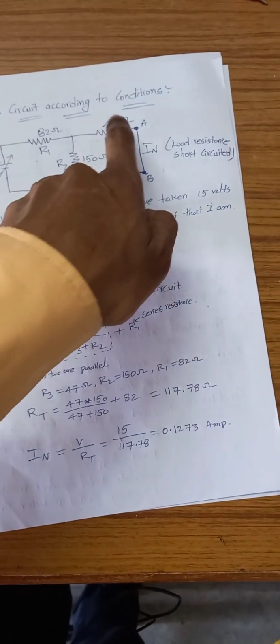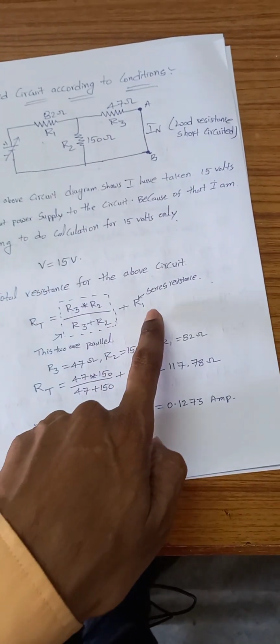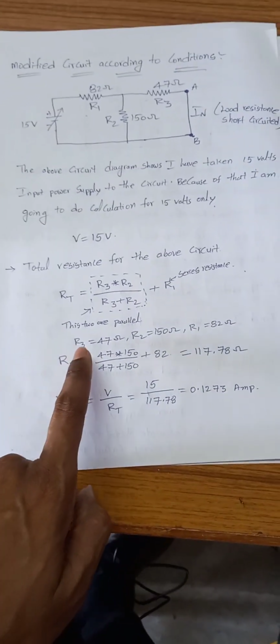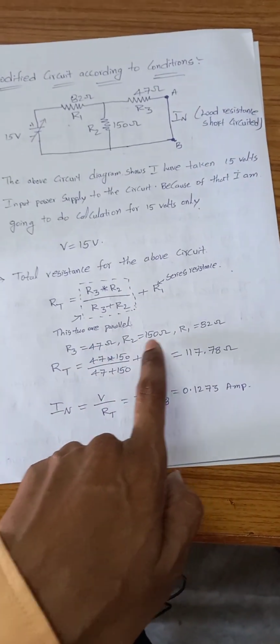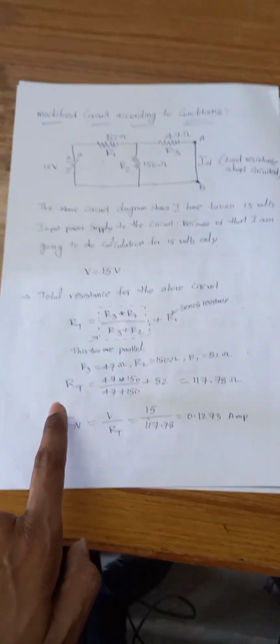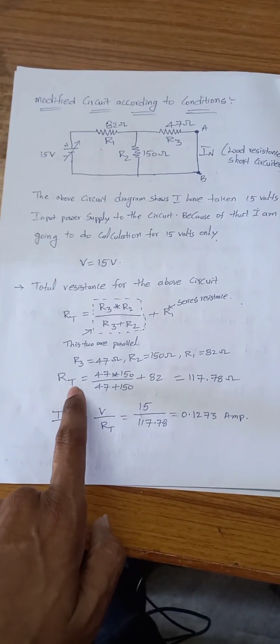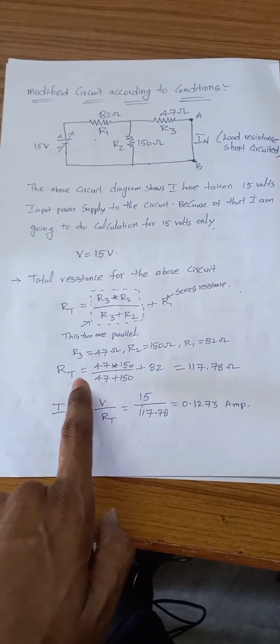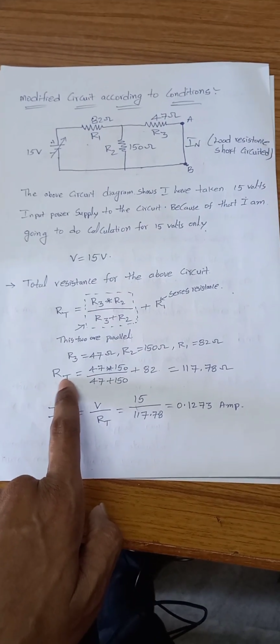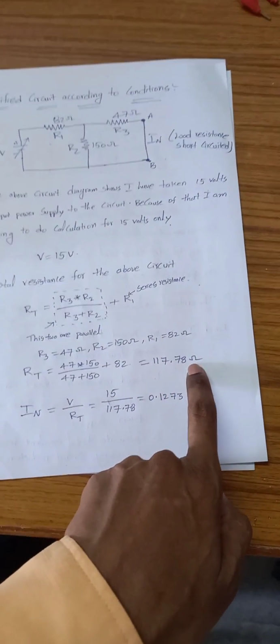So these two parallel resistances are in series with this resistance R1. Here R3 is 47 ohms, R2 is 150 ohms, R1 is 82 ohms according to our circuit. So I am going to substitute all the resistance values in this formula. RT equal to, we get 117.78 ohms.